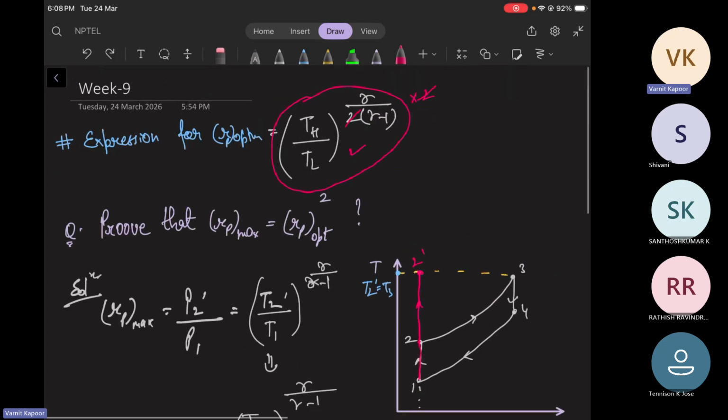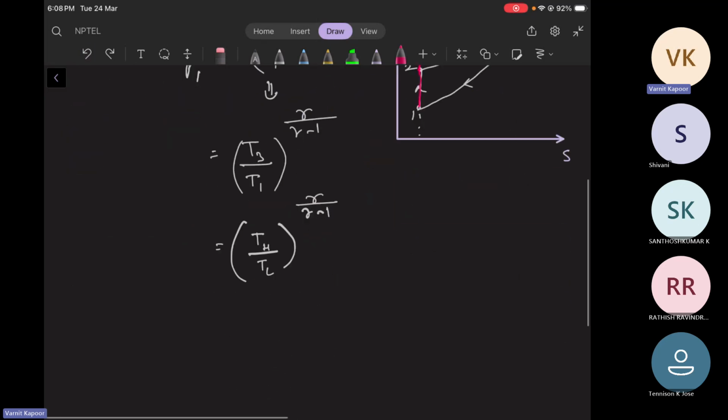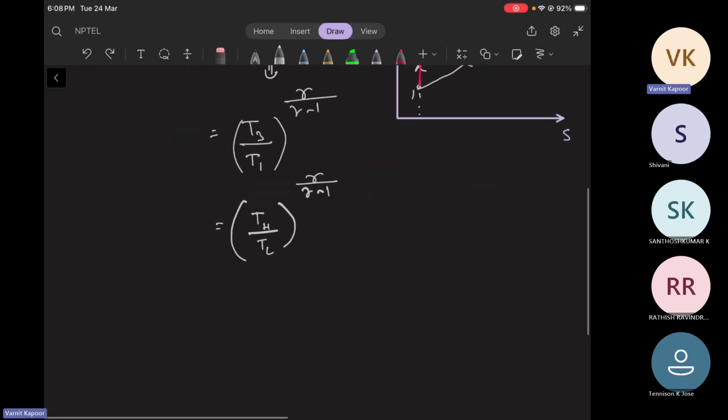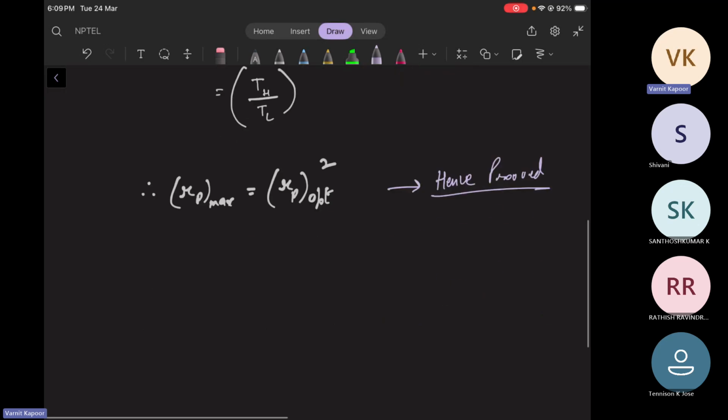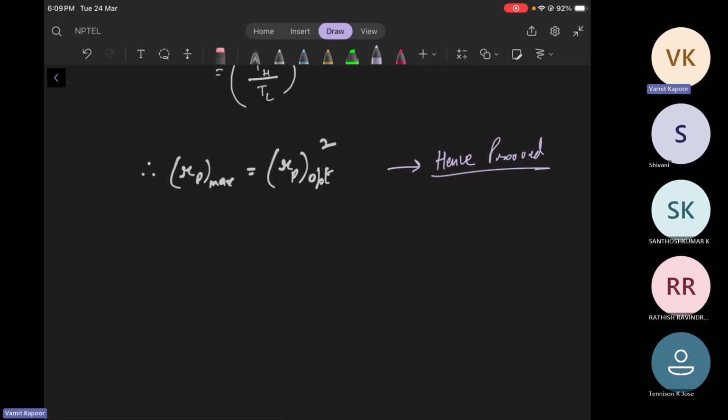So we can directly write that therefore RP maximum is equal to RP optimum square, and hence it is proved. Any doubts in this? Hence proved. Clear? Any doubts anyone has?